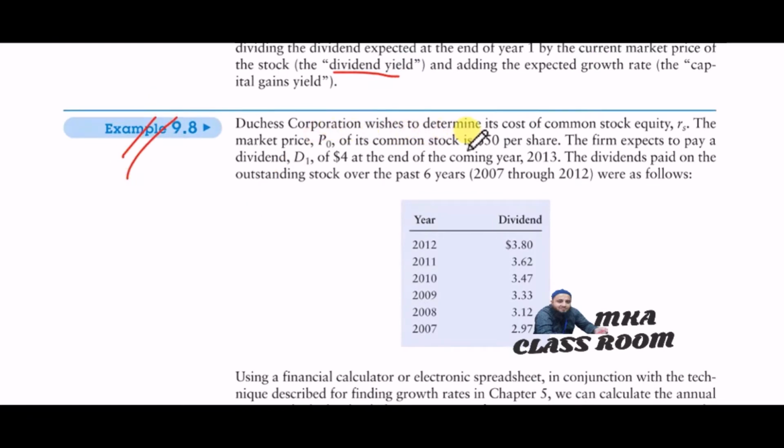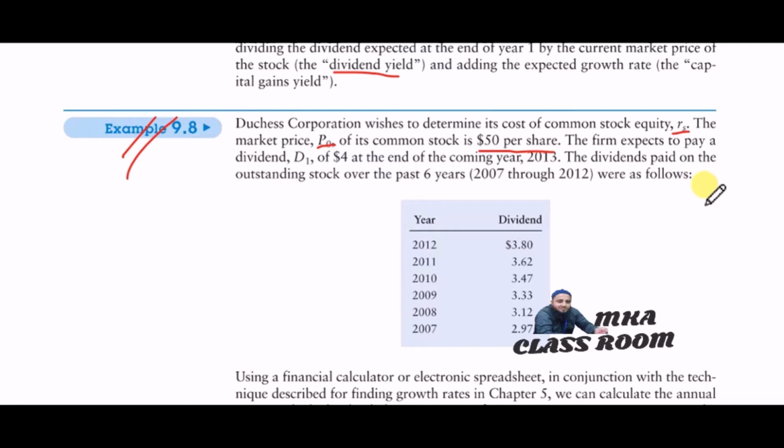Dowses Corporation wishes to determine its cost of common stock equity, RS. The market price P naught of its common stock is 50 taka per share. The firm expects to pay a dividend D1 of 4 at the end of the coming year 2013.